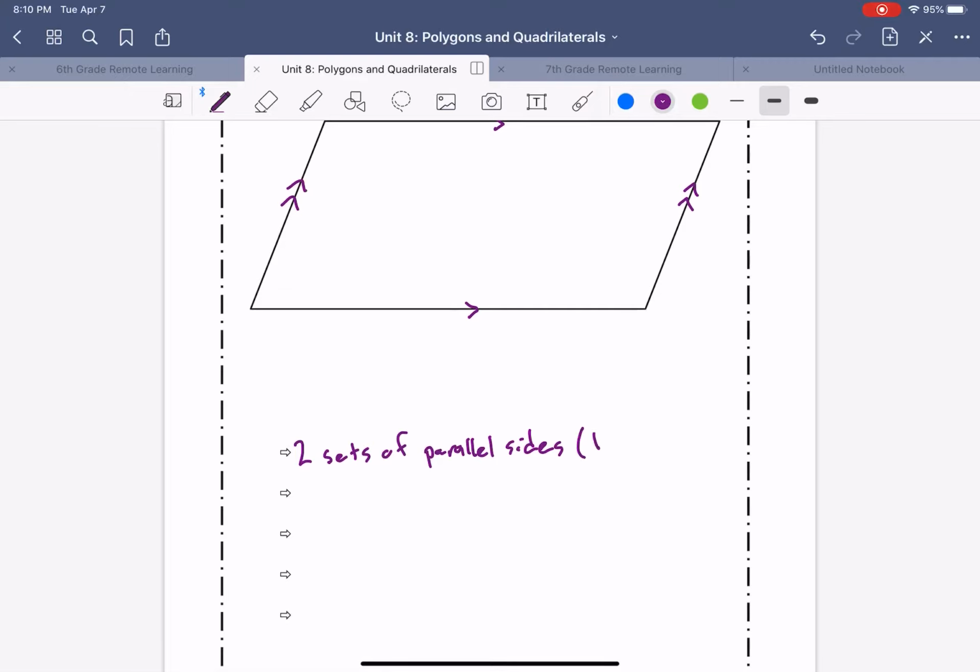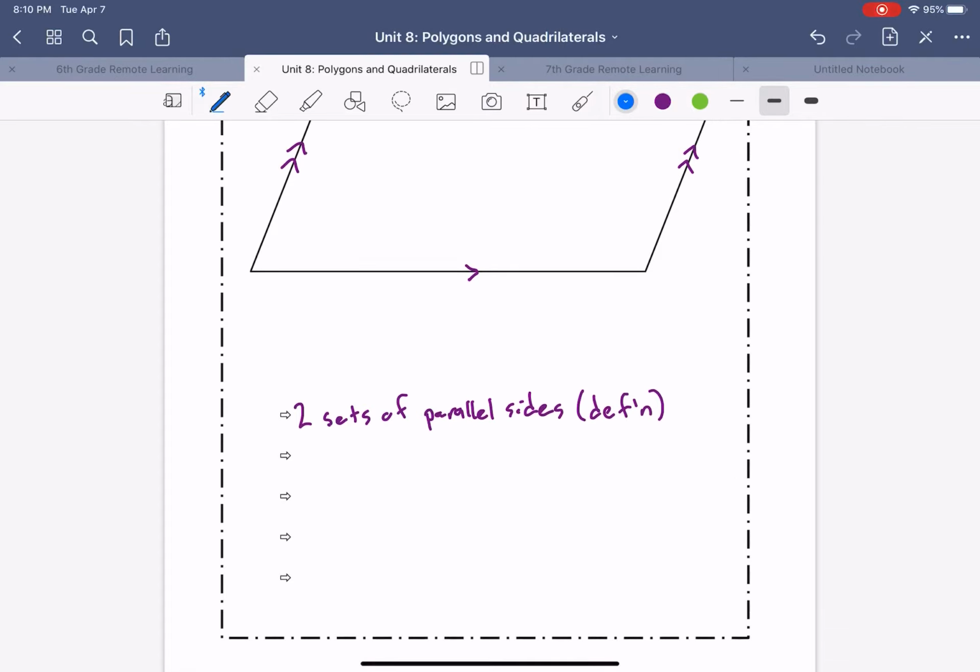And that is the definition of a parallelogram. So if you're ever trying to justify why something is a parallelogram, or if you know it's a parallelogram and you're trying to justify that it has parallel sides, that is just the definition of a parallelogram.